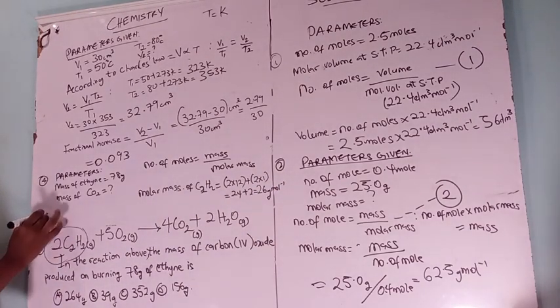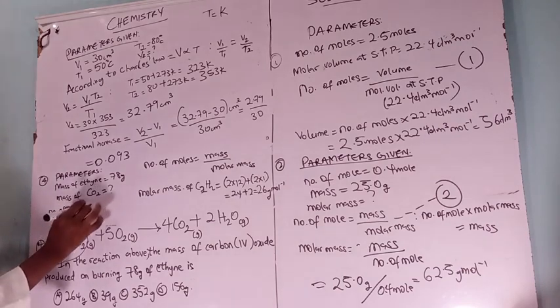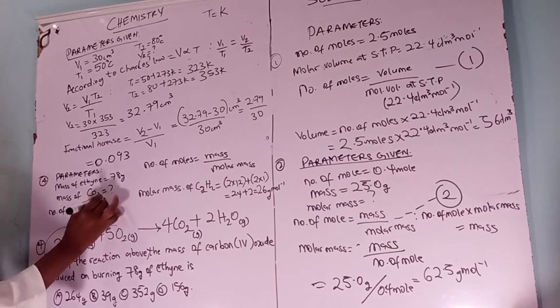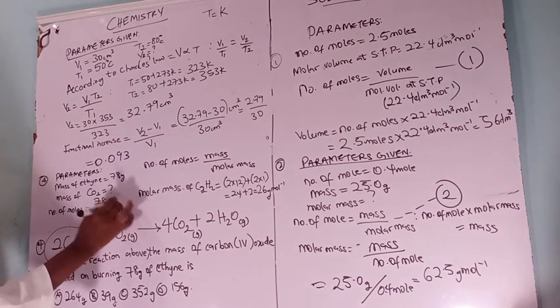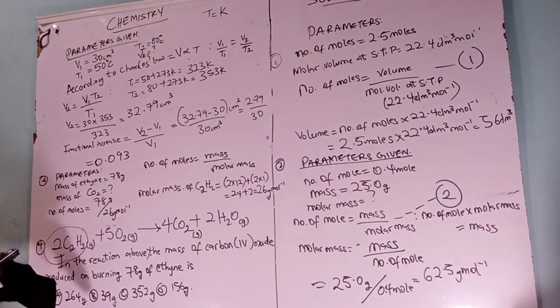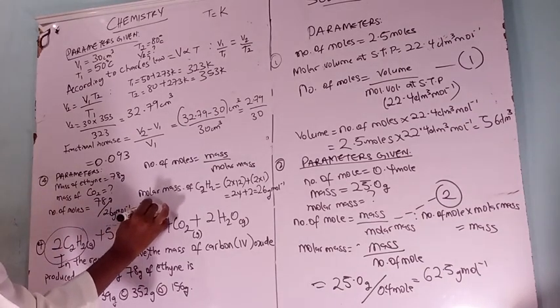Then the number of moles equals what? Mass over molar mass, that is 78 over 26 gram per mole. That is 3 moles.